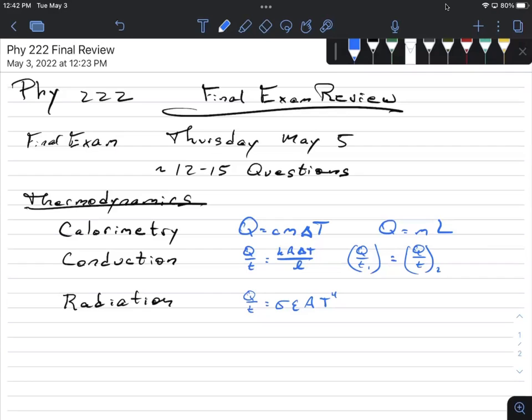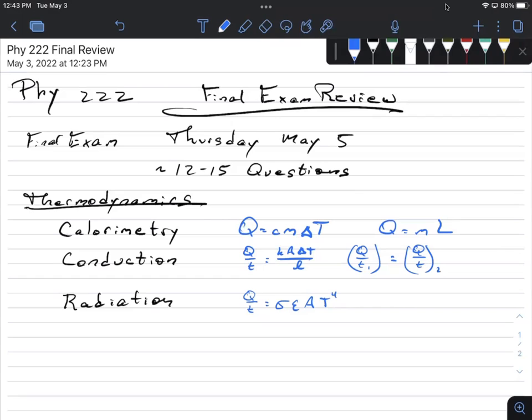We could use the fact that a change in temperature in Kelvin is the same as a change in temperature in Celsius. So if we ever see delta T, we could use Celsius if we'd like. Here, there is no delta T, so we have to use Kelvin. Before you use this equation, you have to convert the temperature to Kelvin. Then you could use the equation.